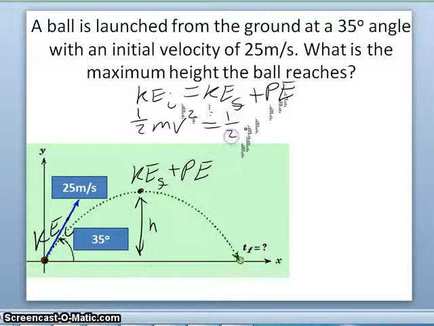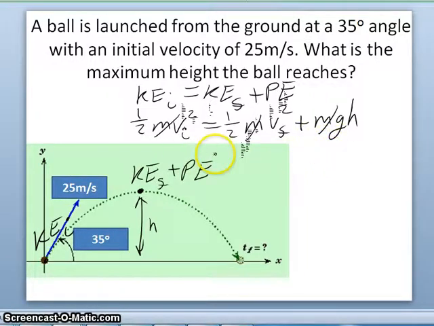KE final is equal to 1/2 mass times our final velocity, when we're at the peak, squared, plus mgh for our potential. We see that the masses all cancel out because they're in every term, and we can do a little bit of algebra and solve for our height.